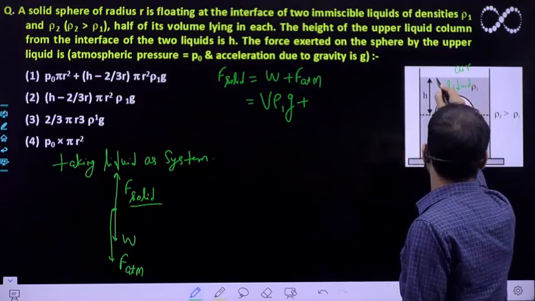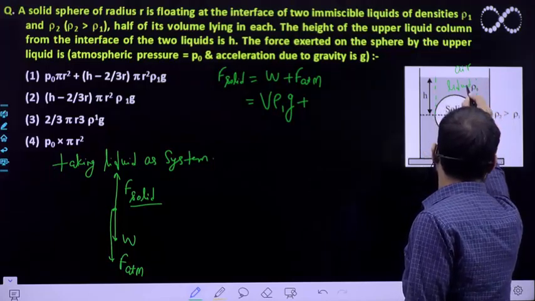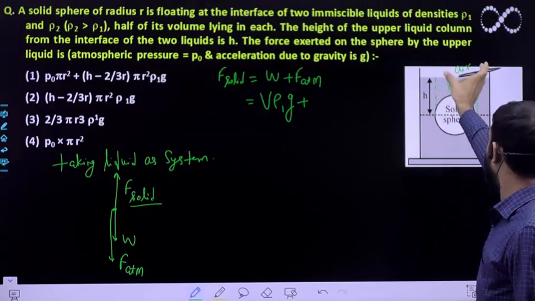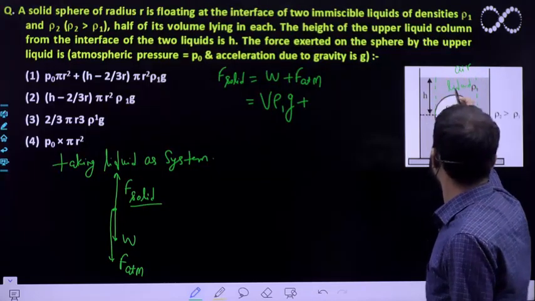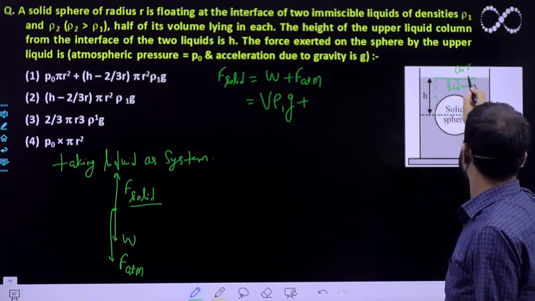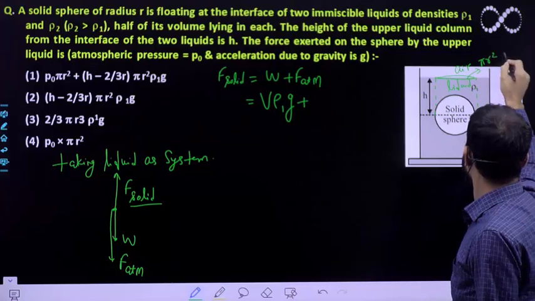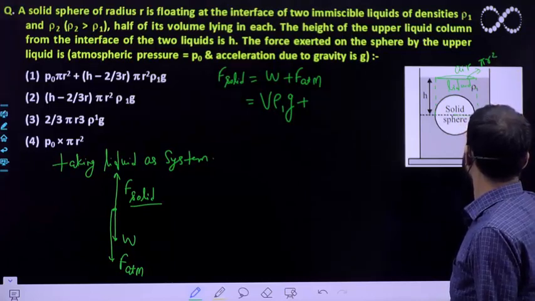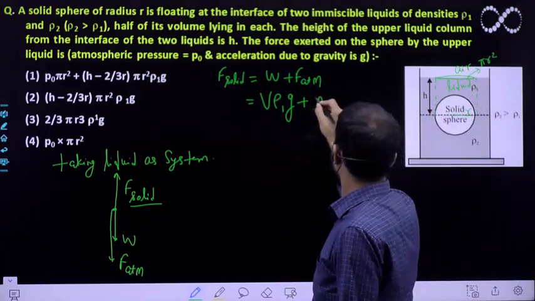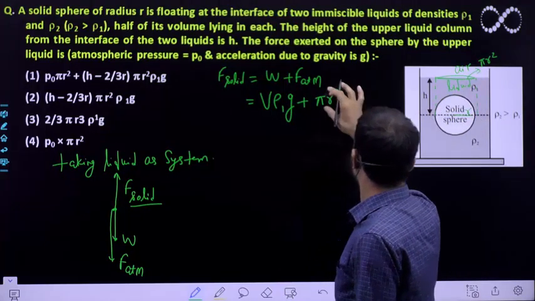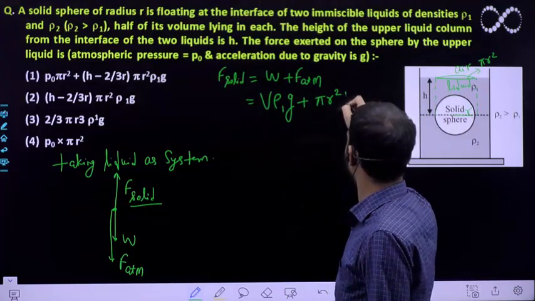I have taken this part of the liquid in the vertical column just above the solid. So the force due to atmosphere, this area will be pi r square, because the radius of the solid is given as small r. So this will be pi r square, area, into pressure, and the atmospheric pressure is given as P naught.